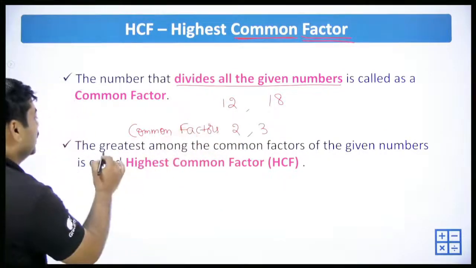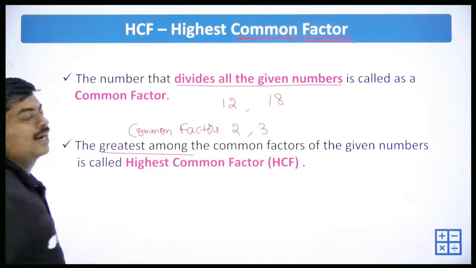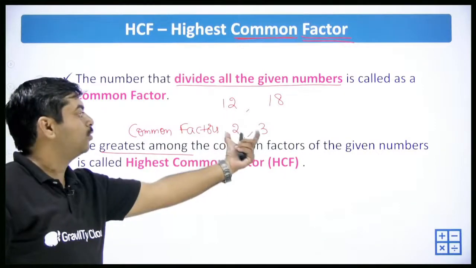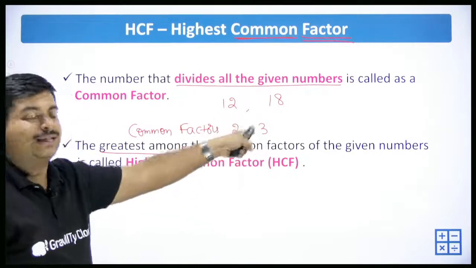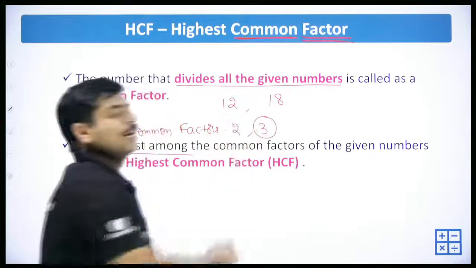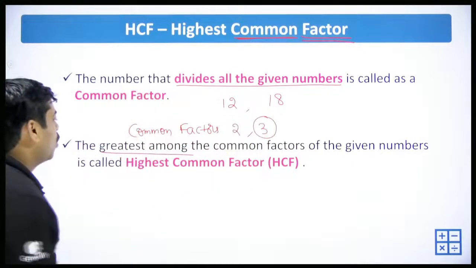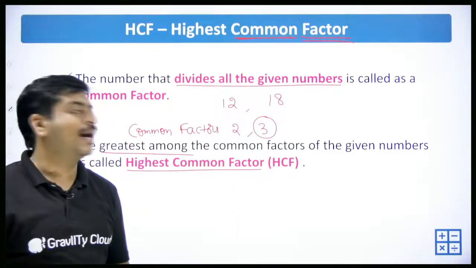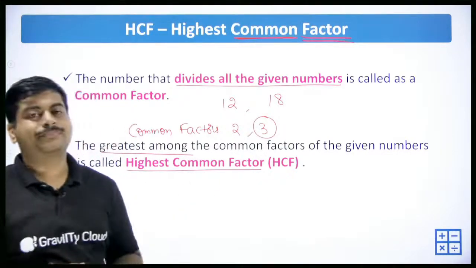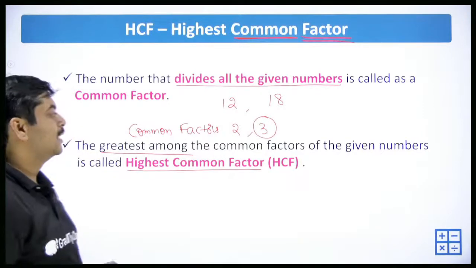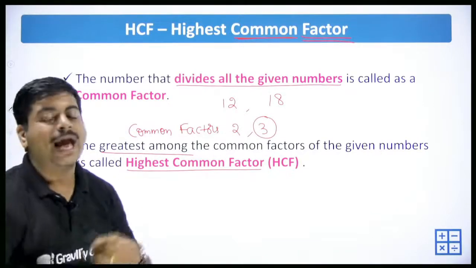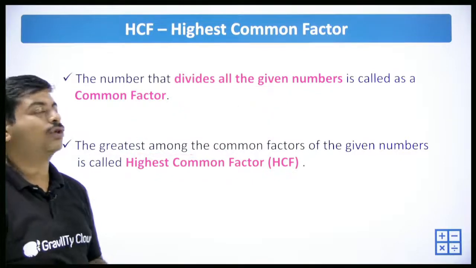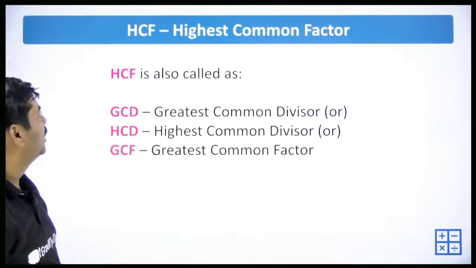Now, the greatest among the common factors, out of 2 and 3, which is 3 here, is called the highest common factor. Let's move ahead to understand how to find it.